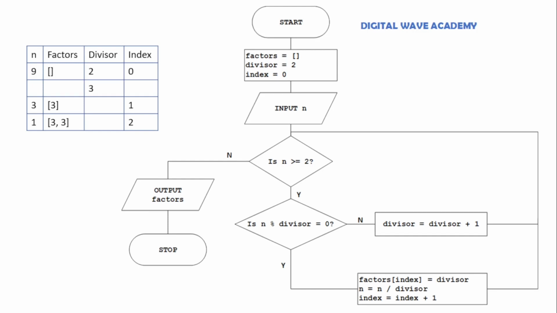And I am going to be using a flowchart to show you how this works. I have started off with 3 variables. The first variable is an empty array. The second variable is the divisor, which in this case is the smallest prime factor that you can get for any given number, and that is of course 2.